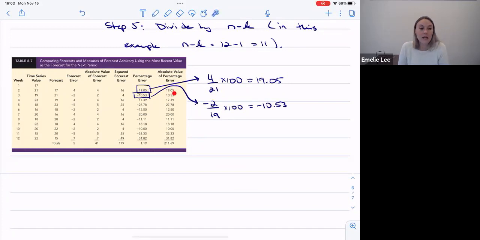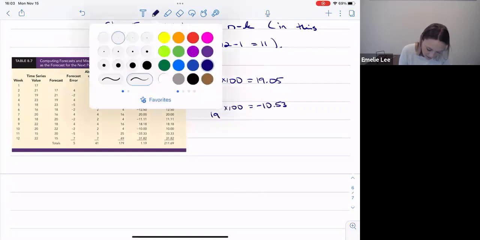If I take the absolute value of those values, I get all positives. And where do I end up?